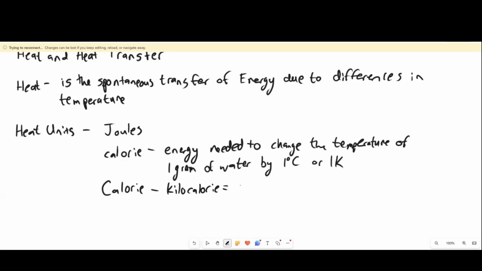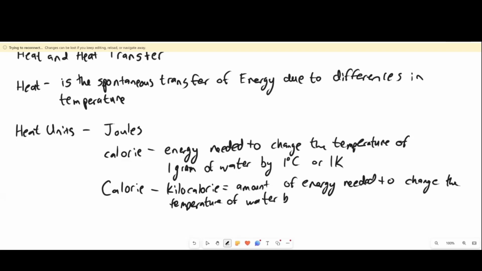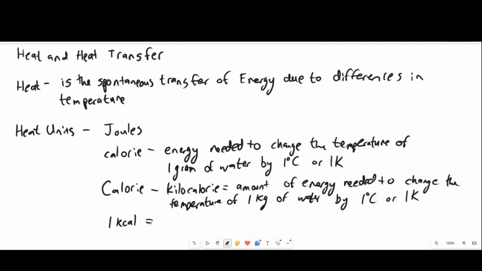And this is the amount of energy needed to change the temperature of 1 kilogram of water by 1 degree Celsius or 1 Kelvin. And then the conversion between calories and joules is that 1 capital C, or kilocalorie, is equal to 4,186 joules.